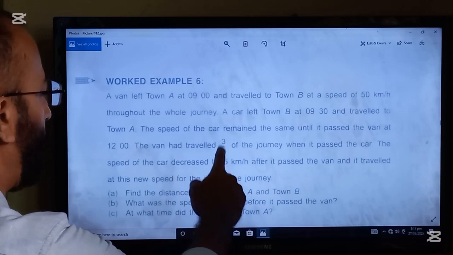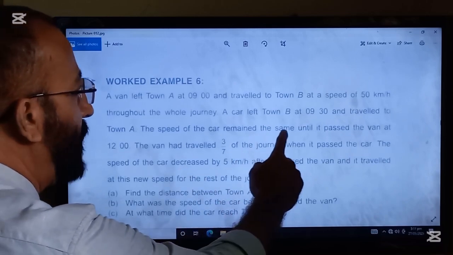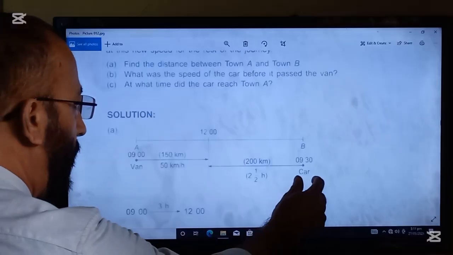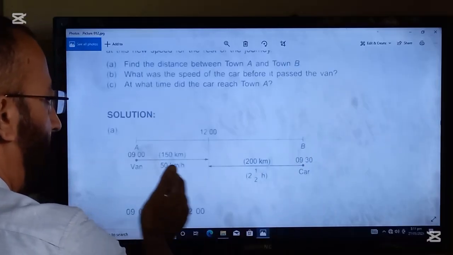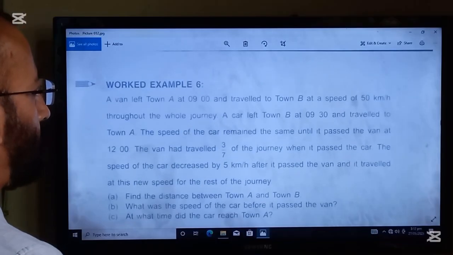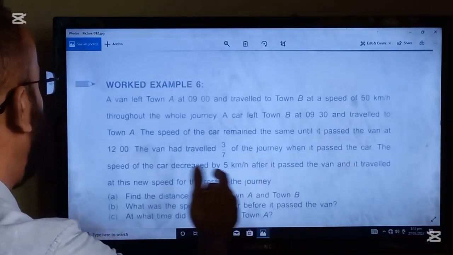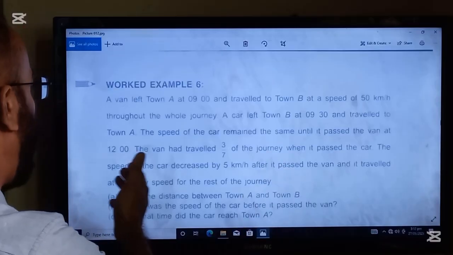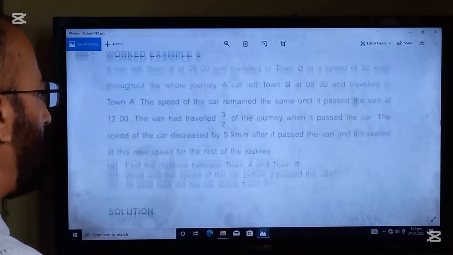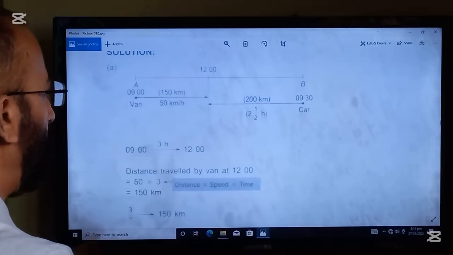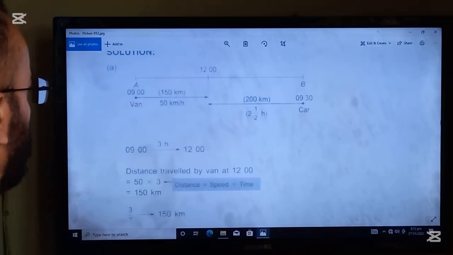Throughout the whole journey, a car left town B at 9:30 and traveled to town A. So a car is traveling from town B to town A, starting its journey at 9:30. The speed of the car remained the same until it passed the van at 12. So 12 o'clock is the meeting time of both vehicles.